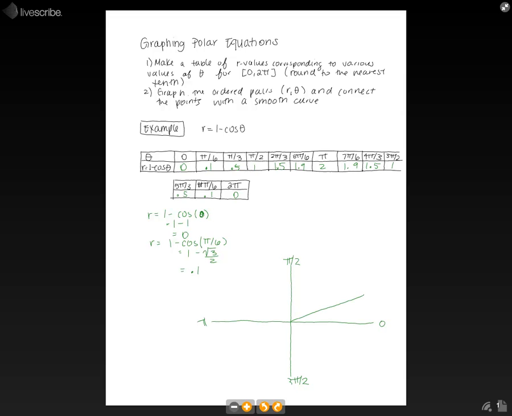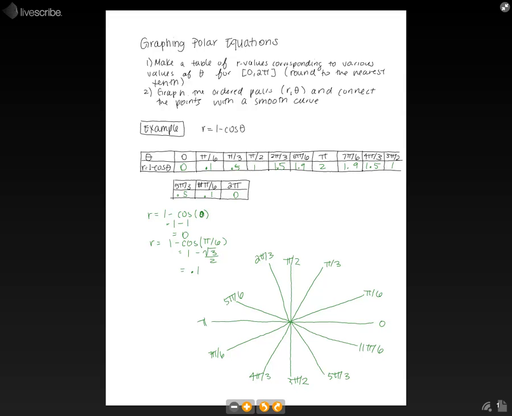So here we have pi over 6, pi over 3, 2 pi over 3, 5 pi over 6, 7 pi over 6, 4 pi over 3, 5 pi over 3, and 11 pi over 6. We've gone up in increments of pi over 6.